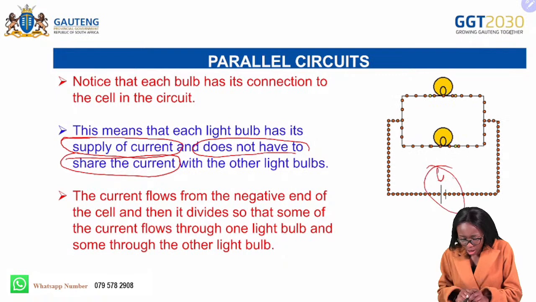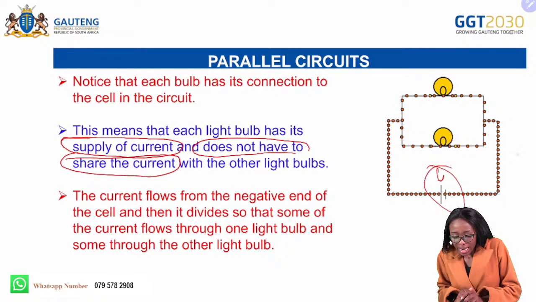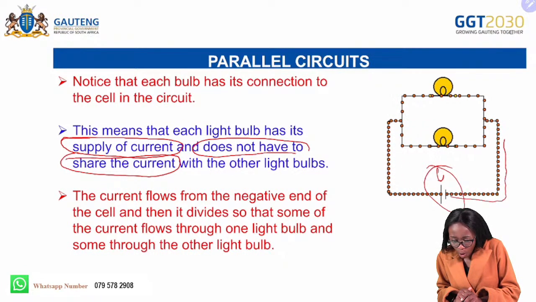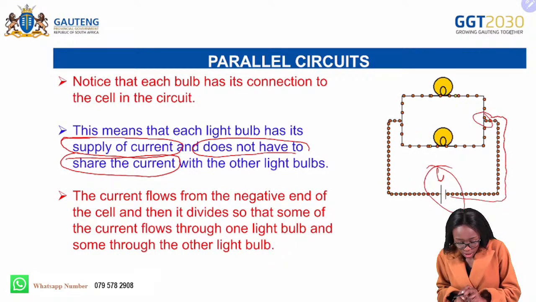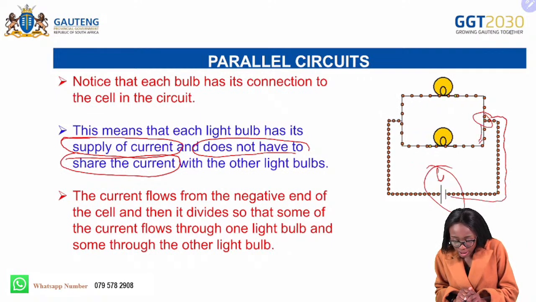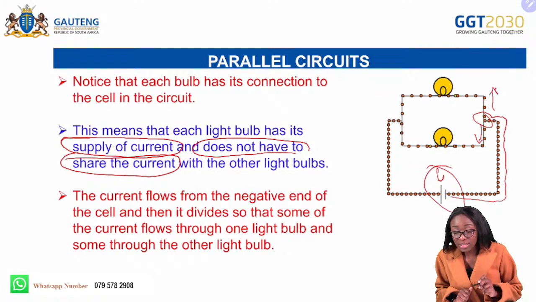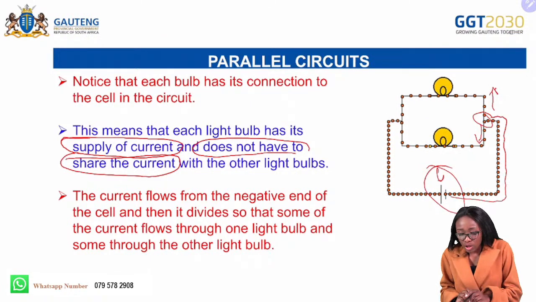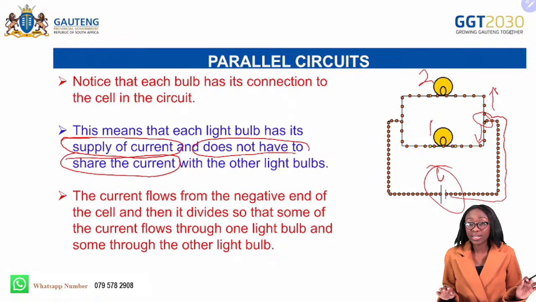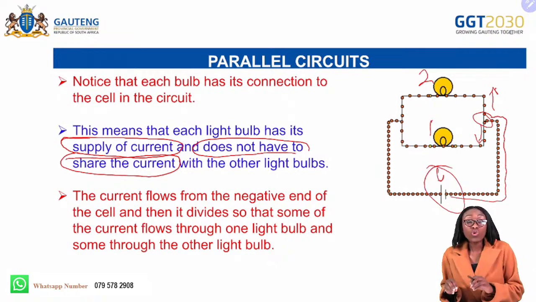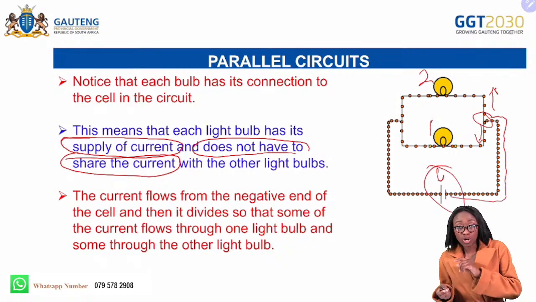Once the current gets to this point, do you see that it divides? Some flows in this direction, the other charges flow in that direction. So bulb number 1 and bulb number 2 are not sharing current. Each is receiving its own.